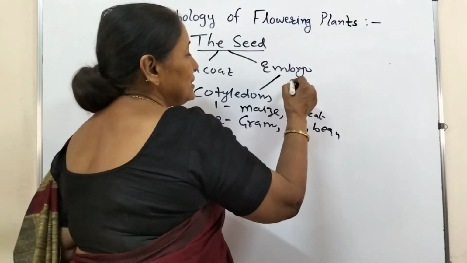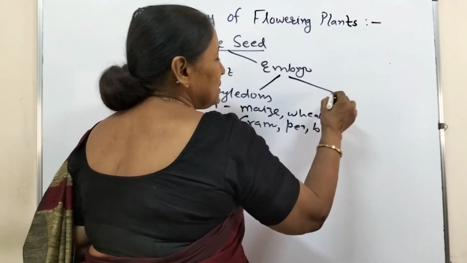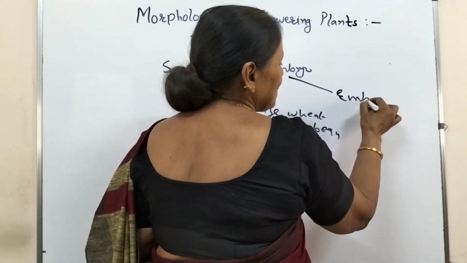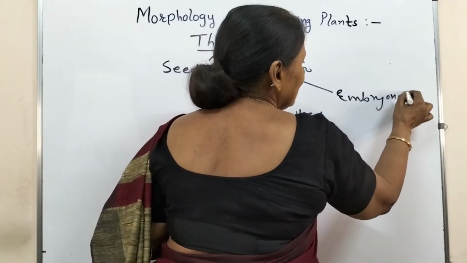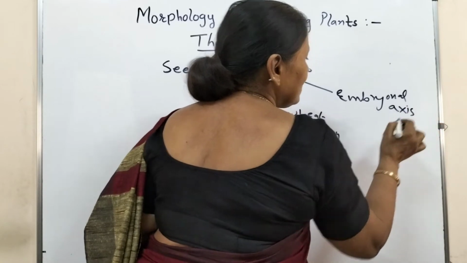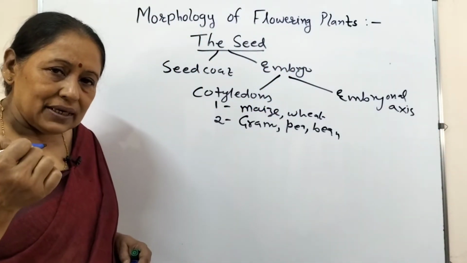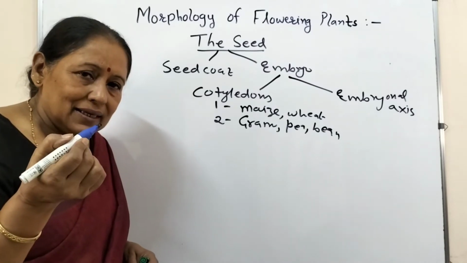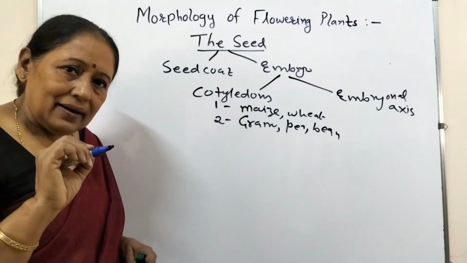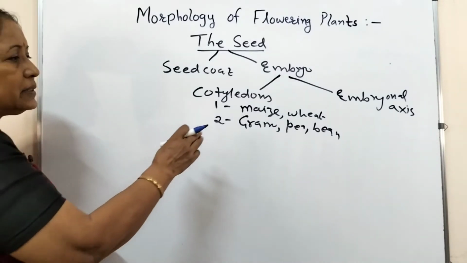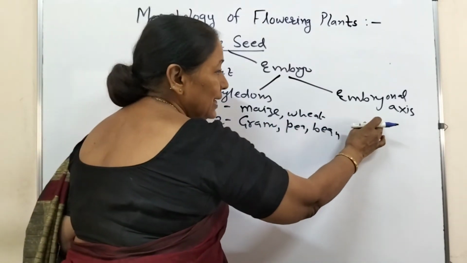So what is the other structure? The other structure is the embryonal axis. This embryonal axis has the radicle at one tip and the plumule at the other tip. That's why I am not going to write radicle and plumule separately.